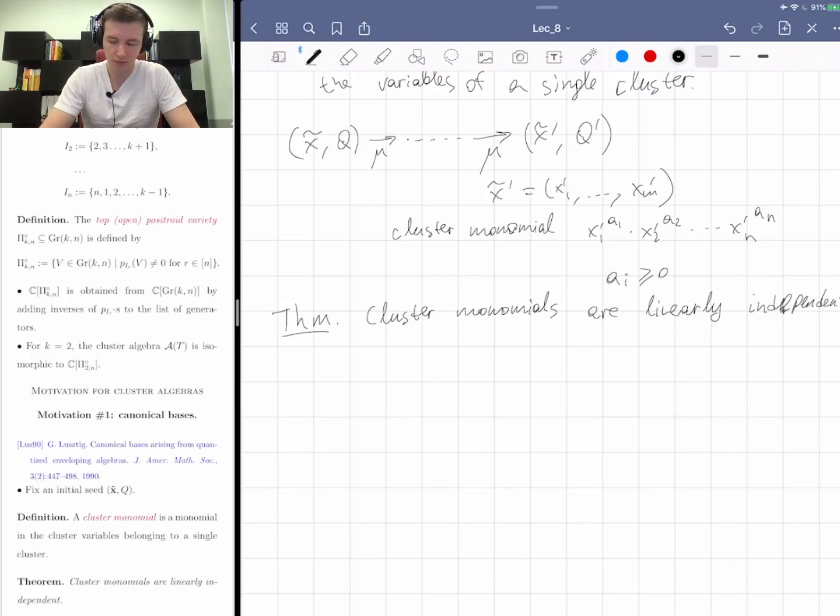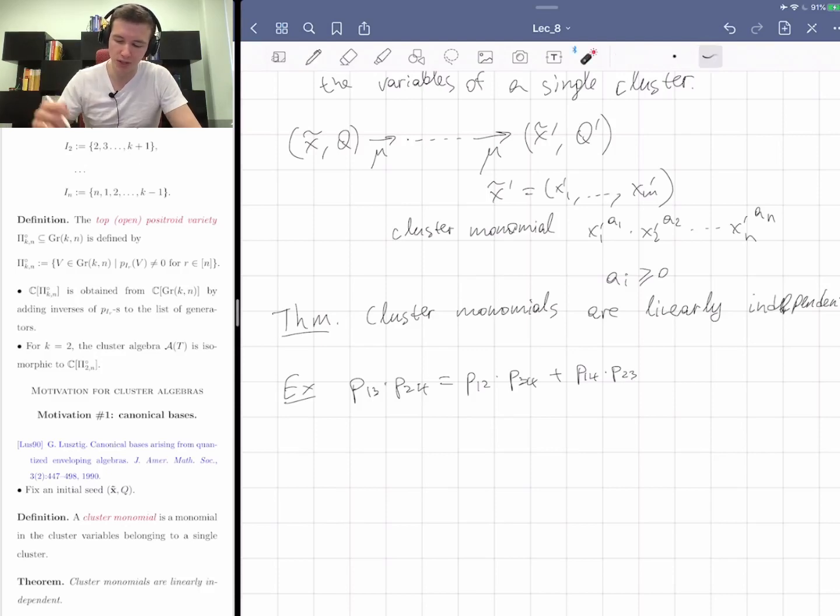So for example, if you look at P13 times P24, if you look at the Plücker relation, P12 times P34 plus P14 times P23, I guess I'm doing the frozen ones again, but whatever.